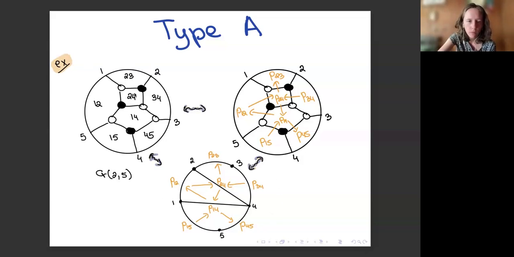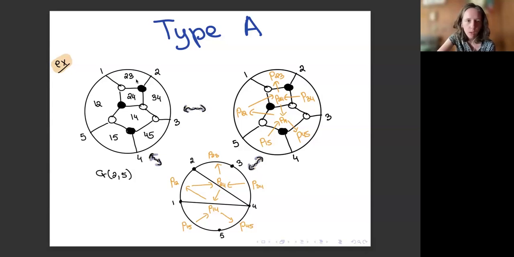And now I look at the mutable vertices, these interior faces, and I see they have labels 2,4 and 1,4. And this would mean that in my polygon, I'm going to have diagonals 2,4 and 1,4. So I label my vertices around the boundary clockwise of my pentagon, and I'm going to draw in diagonals 2,4 and 1,4. And this gives me a triangulation.